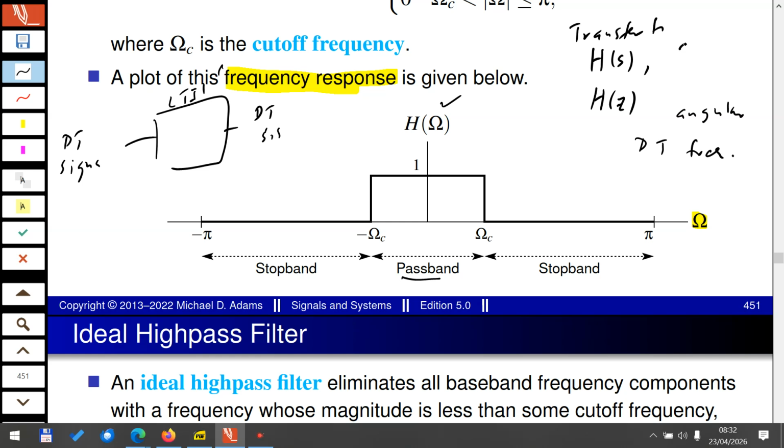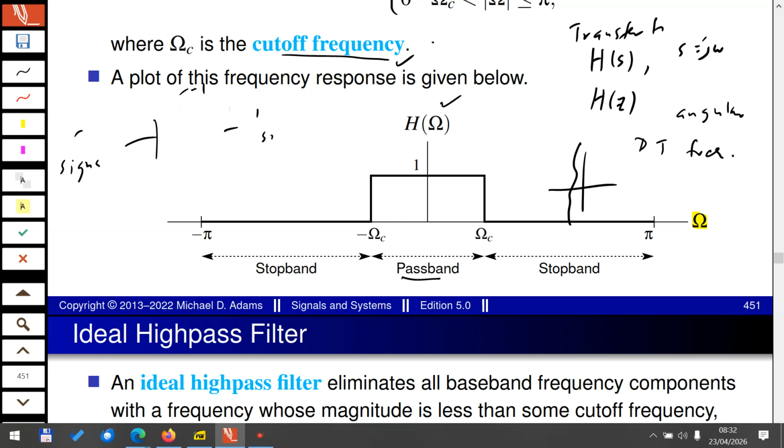If we replace s with j omega, we are restricting ourselves to the omega axis, and that is what we call the frequency response in continuous time systems. We will have a similar distinction between transfer function and frequency response, so maybe we should wait for the z transform. Why we call it frequency response, we get to later.